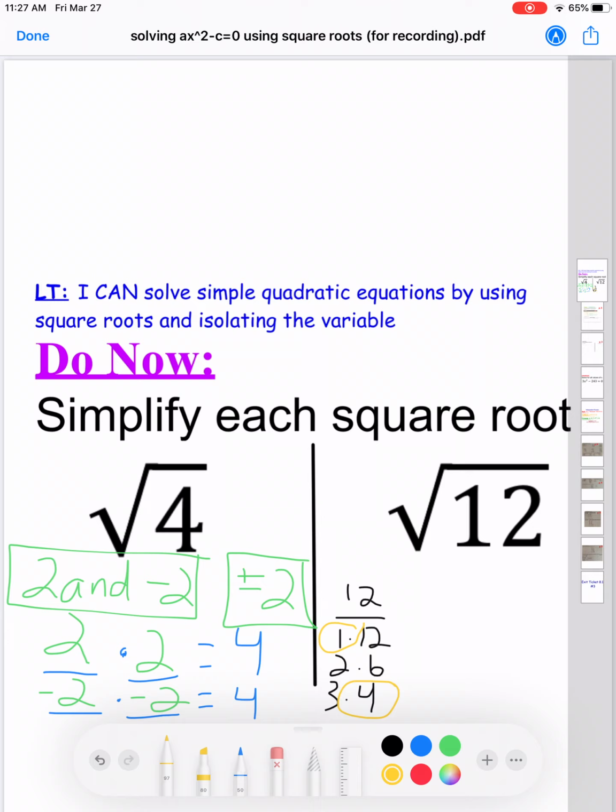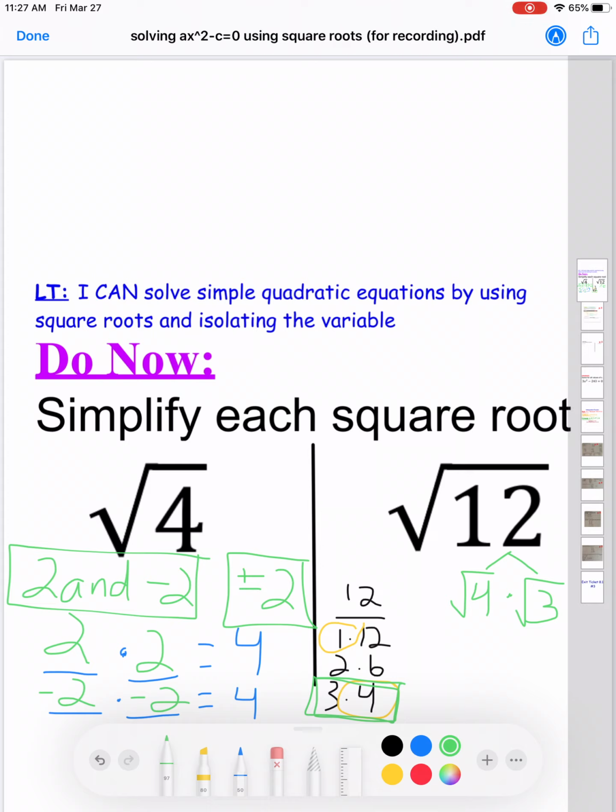After we've identified all of the perfect squares, we pick the largest of those perfect squares, which in this case would be 4. So we're going to be focusing on 4 and 3. So what we do now is we come back to the square root of 12, and we're going to split this radical up into those 2 numbers. I like to put the perfect square first, so I'm going to write the square root of 4 times the square root of 3.